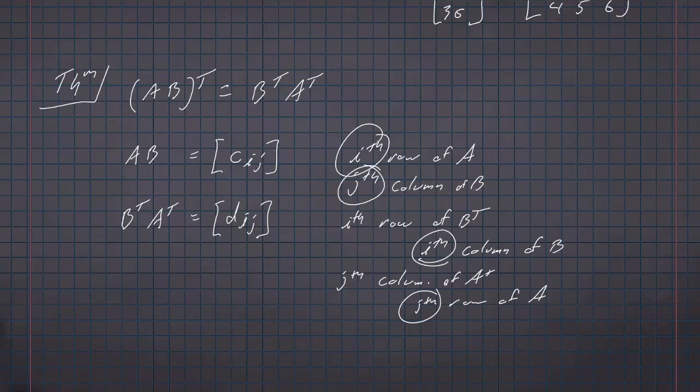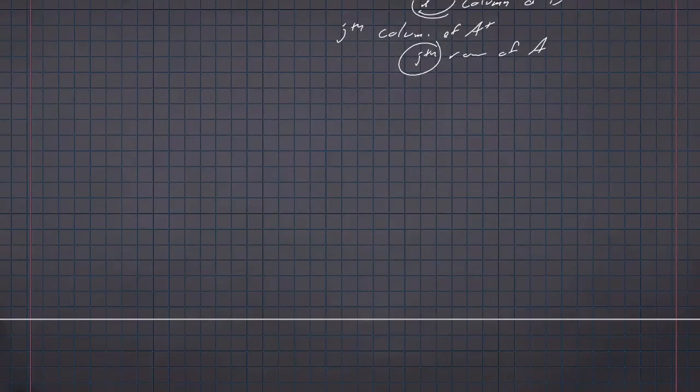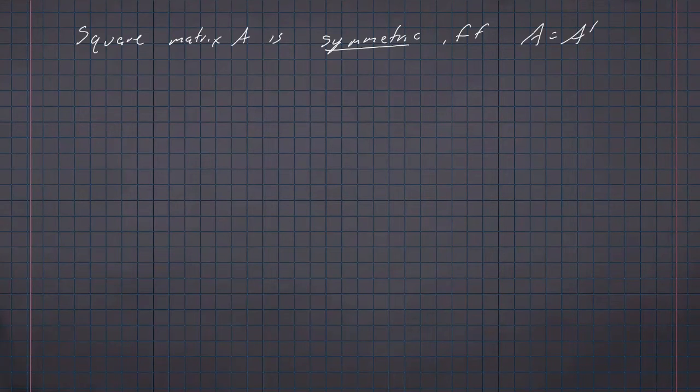Now that we have that, let's take a look at one of the several places we're going to use the transpose, and that is talking about a symmetric matrix. We say that a matrix is symmetric if and only if that matrix is equal to its own transpose.